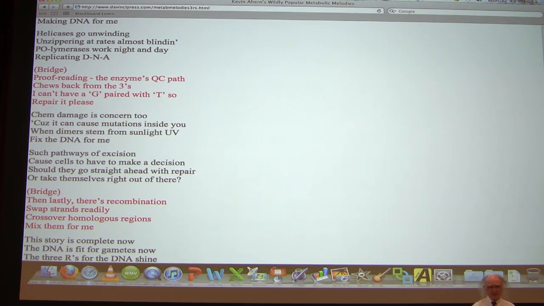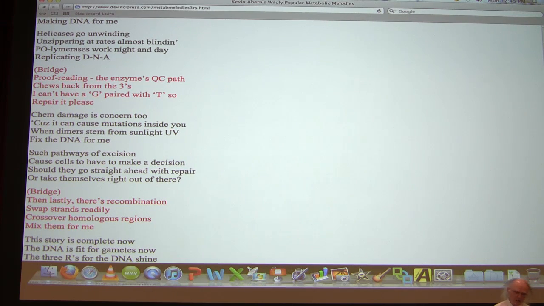Proofreading the enzyme's QC path, checks back from the 3's. I can't have a G pair with T, so repair it, please. Chem damage is concerned too, 'cause it can cause mutations inside you. When dimers stem from sunlight UV, fix the DNA for me.